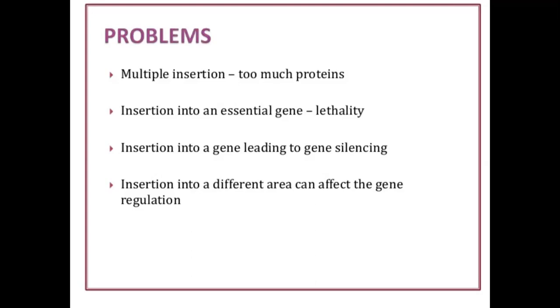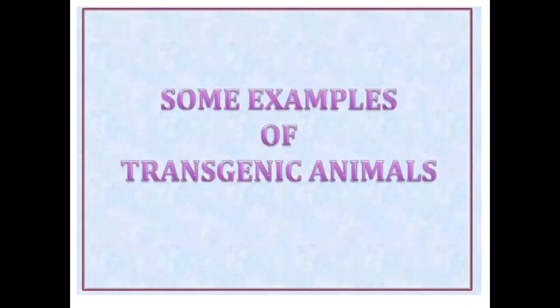Sometimes they cannot express, so it is called gene silencing. Insertion into a different area can also affect gene regulation. So we have to choose one particular site for the insertion of the foreign DNA into the genome. These are some of the processes involved in transgenesis.